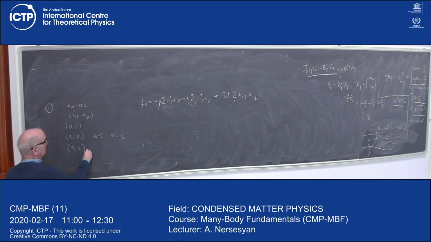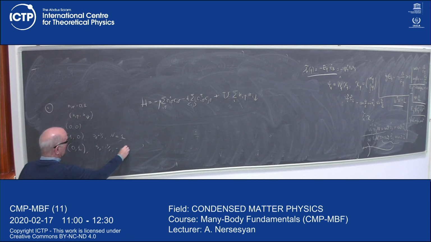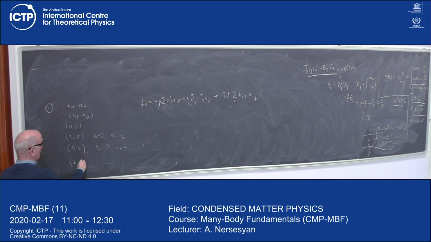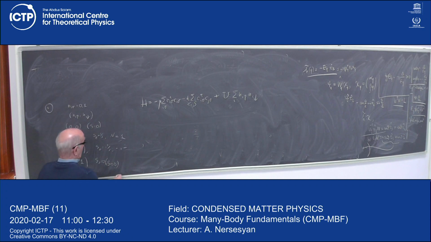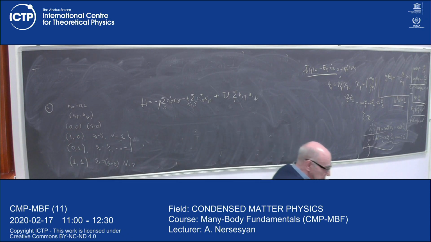Or I have (0, 1), and here S_z is -1/2 with the same particle number. Or I have (1, 1), and here S_z is 0, moreover the total spin is 0, and the particle number is 2. In these two states, the particle number is 1. So it's a 4-dimensional Fock space at each site.